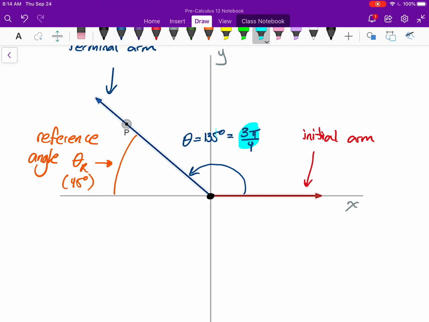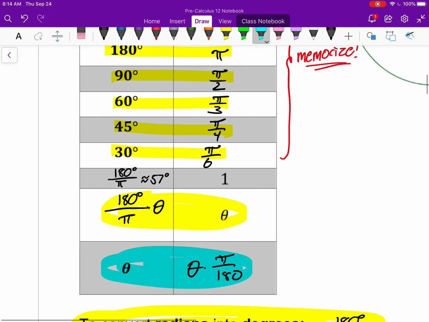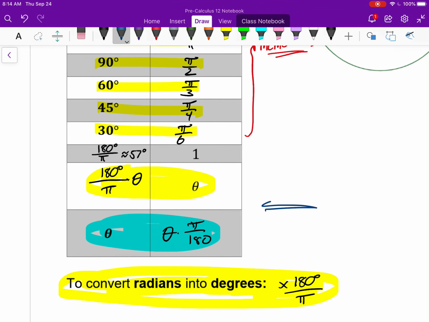And how do I know that? I have a few options, but let me tell you what I think is by far the best option for quickly converting 135 degrees and thinking about it in radians. If I go back up here, one thing I do not recommend doing is using either of these to think about what 135 degrees is. What I would do instead is realize that 135 degrees is the same as 45 times 3.